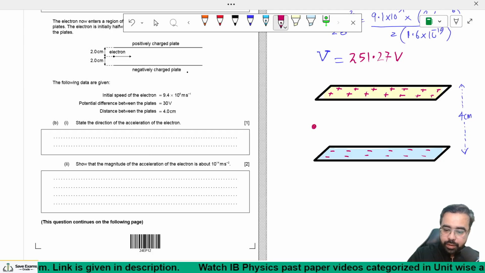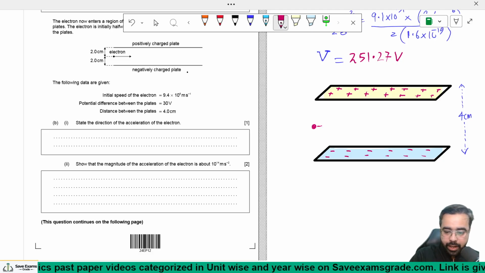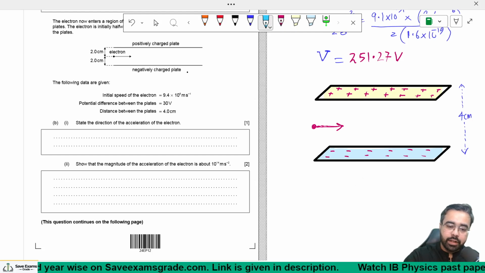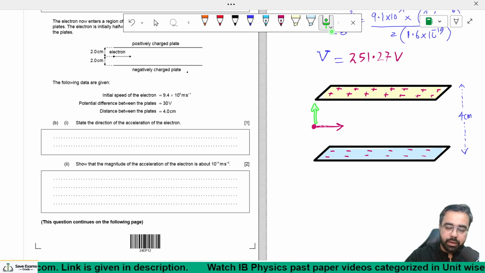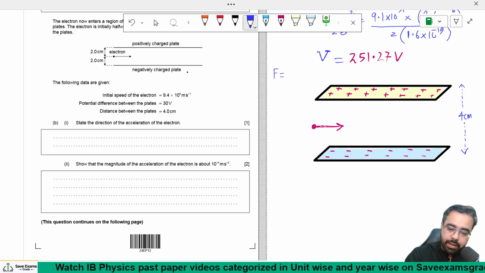will move, it is very important to determine the trajectory of the electron, okay, because the electron is a negatively charged particle. It has an initial velocity to the right, but you know that it will be attracted towards the positive plate. Why? Because of the electric force upward. Now, an important thing is that this electric force is F equals EQ, right?